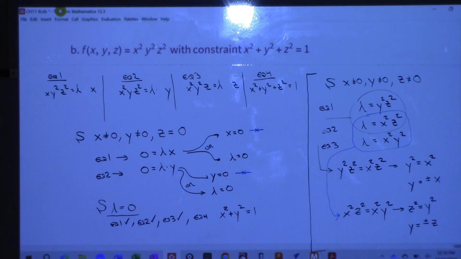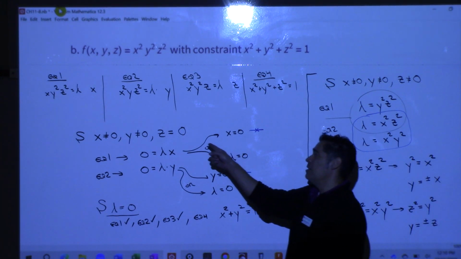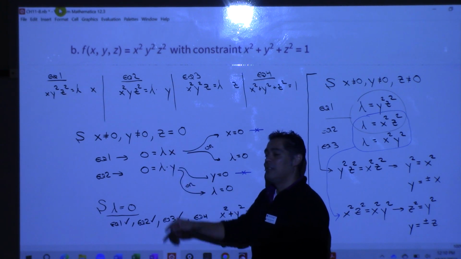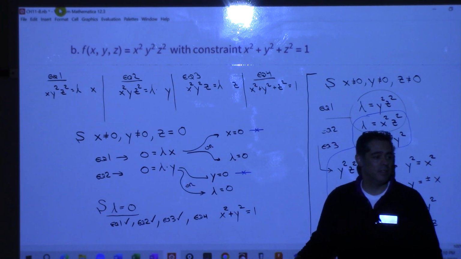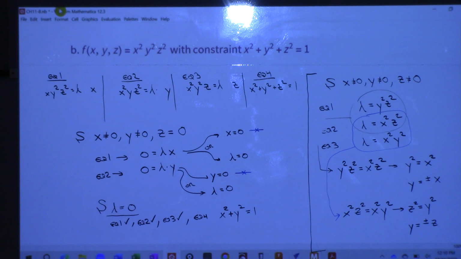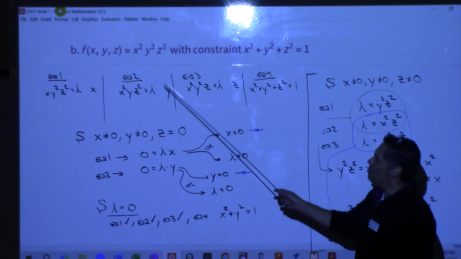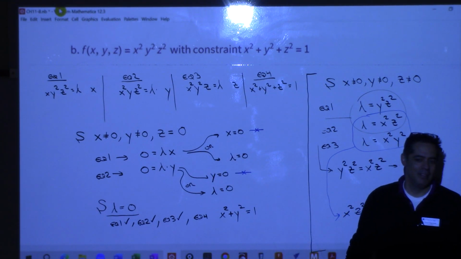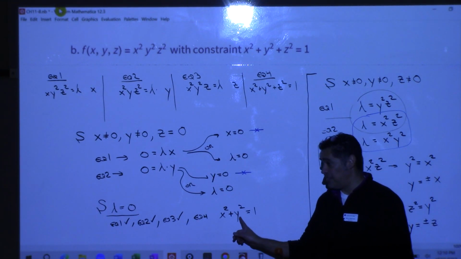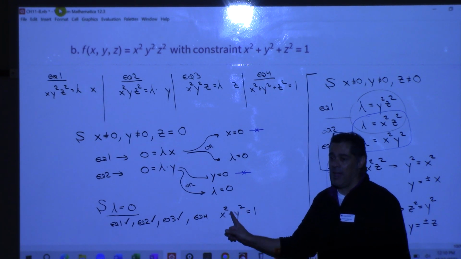Not quite. There's something we could have seen even at the very beginning, when we made this assumption right here. Something about our original function. Well, z equals 0, and the original function is 0. If z is 0, the original function is 0, which means that yes, these are all places where we're either going to have a max or a min.